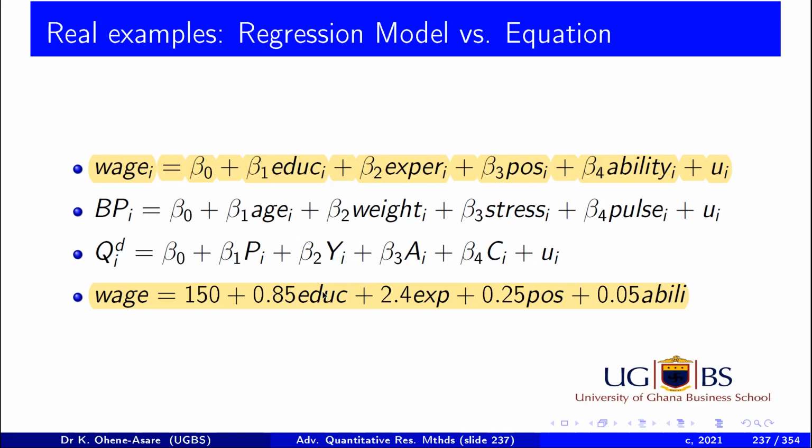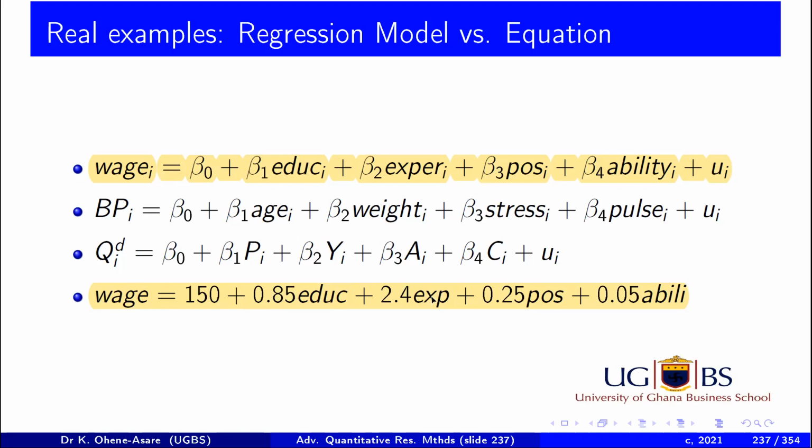What this means is that if you increase education by 1 unit, your wage will increase by 0.85 units. Now, why increase? Because there's a plus in front of the 0.85. If it was a negative, it means that if you should increase your education by 1 unit, your wage will fall by 0.85 units.